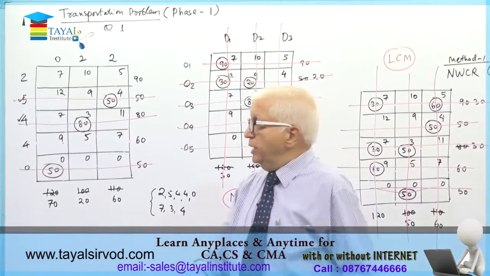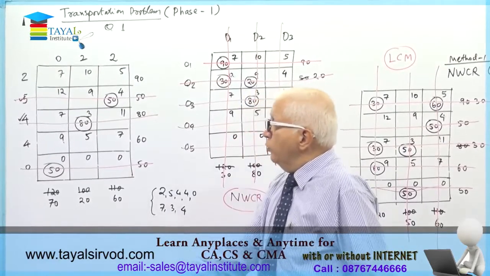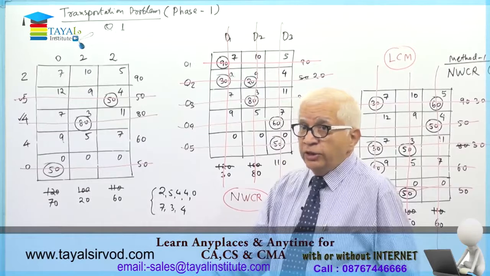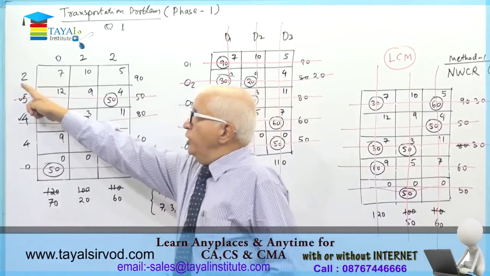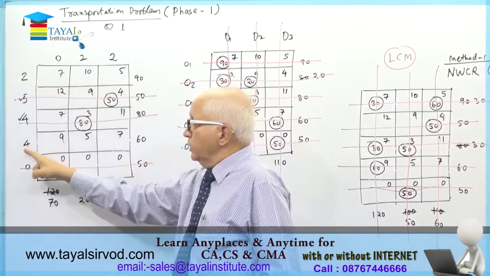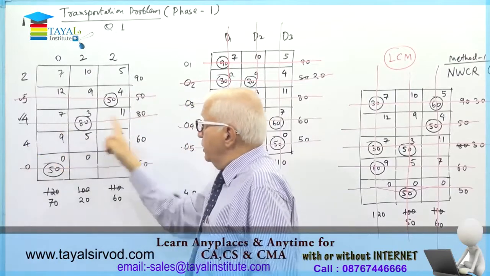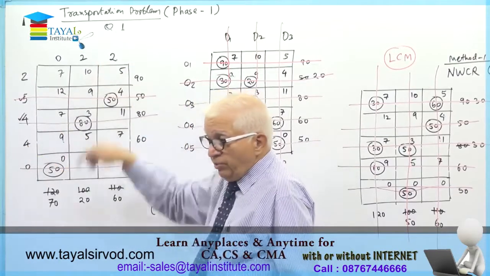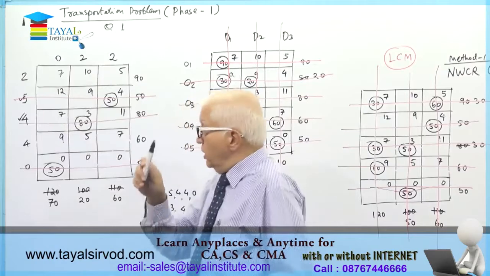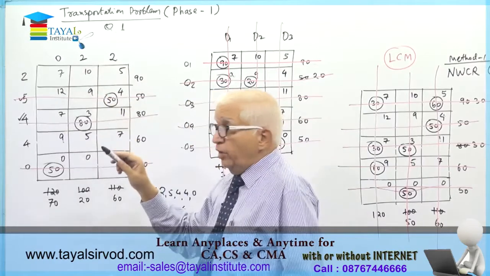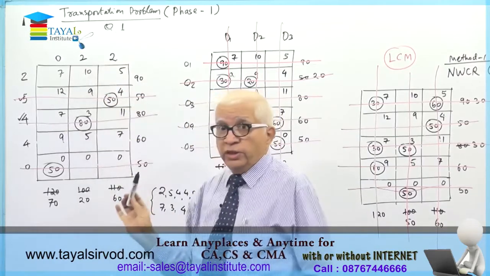Can you see that once again I have deleted a row? That means column penalties need to be calculated once again. Let me calculate the penalties. Now see, row penalties, there is no difference here because this row is intact. But since I have deleted this row, the column penalties are actually undergoing a change. What are the costs in this column now? Out of 5 rows, 3 rows are deleted.